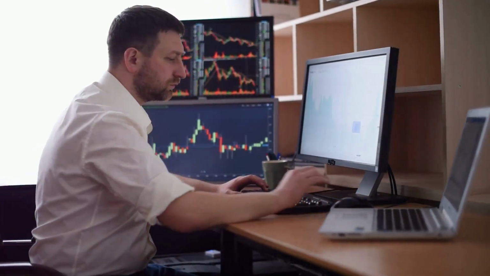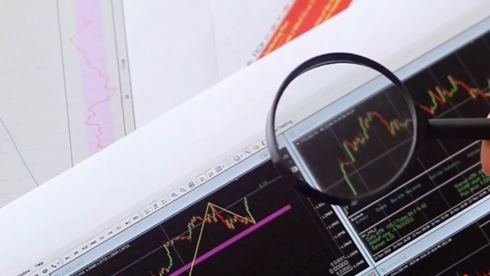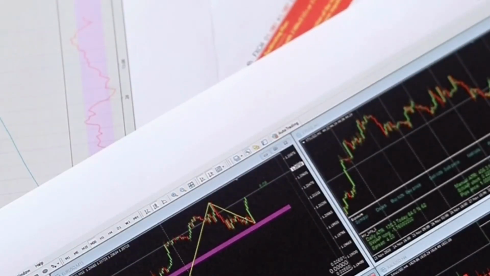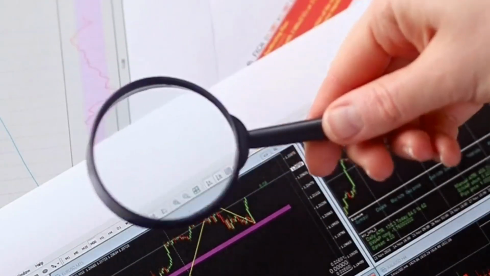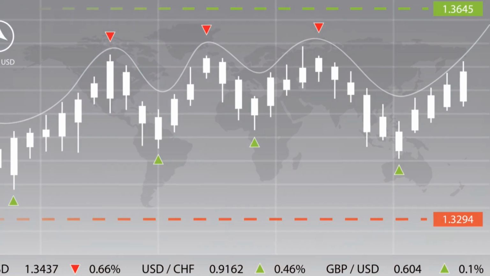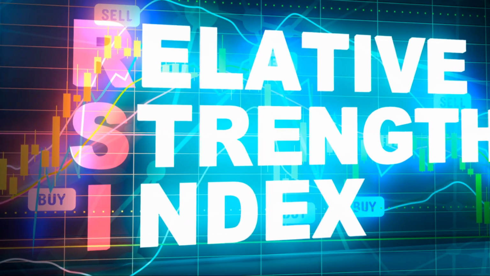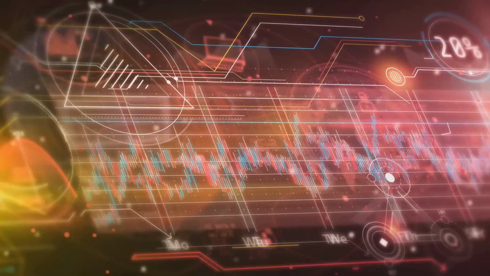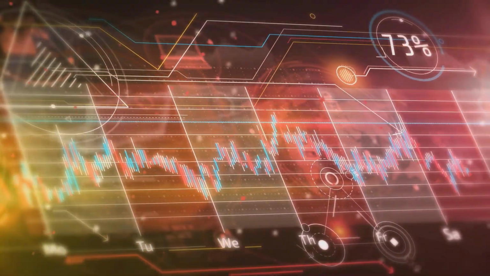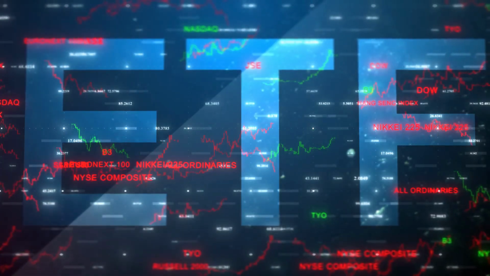Once you've chosen a broker, you need to start thinking about your trading strategy. And when it comes to scalping, technical indicators are your best friend. Technical indicators are mathematical calculations that are plotted on a chart and can help you identify trends, momentum, and potential trading opportunities. There are literally hundreds of different technical indicators out there, but you don't need to know them all.